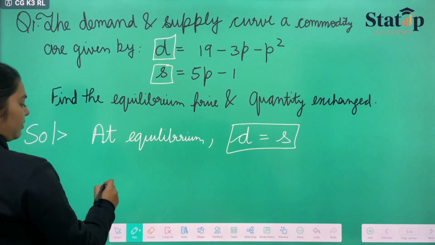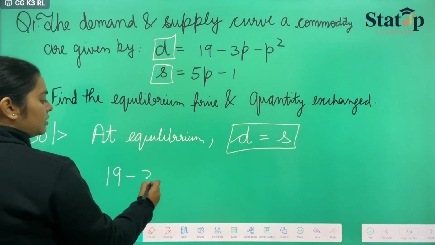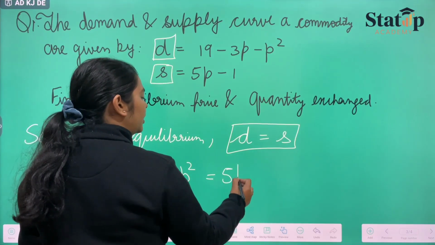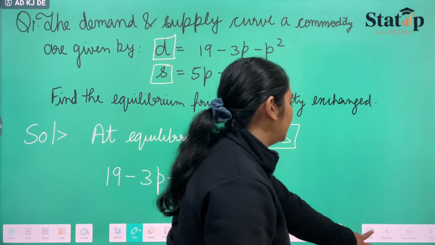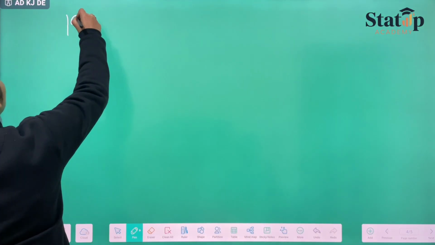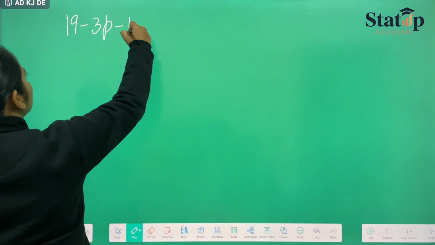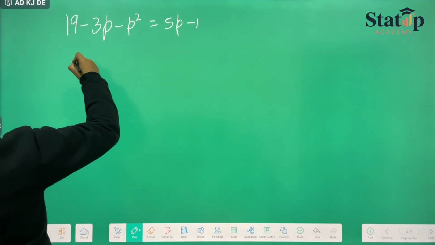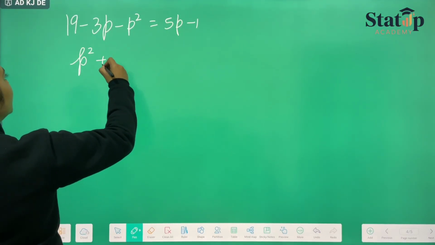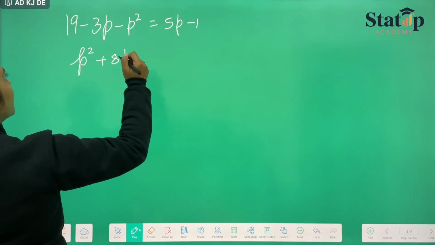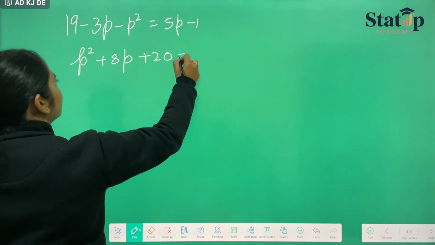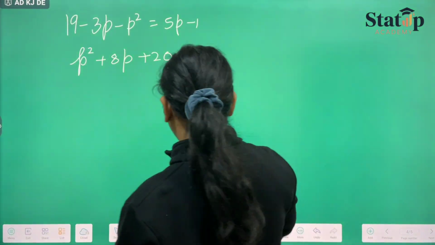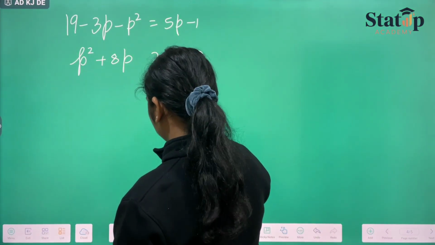Now putting demand function equal to supply, 19 minus 3p minus p square is equal to 5p minus 1. Solving it on the next page, taking them on one side, I will get p square plus 8p minus 20 equals to 0, minus 20 it will be, not plus.